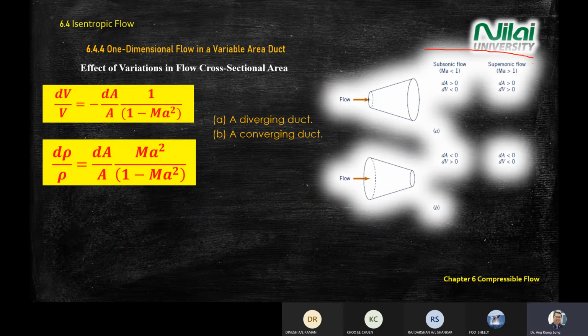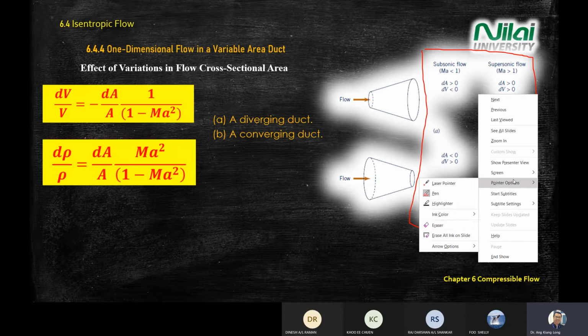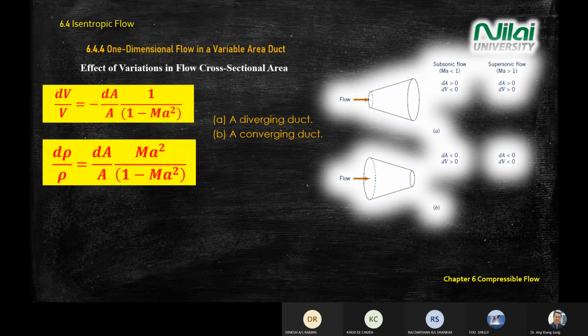And all these you can see from this diagram. What happens if your Mach number is less than 1? It's still explaining the equation just now. Mach number less than 1, area will increase, velocity will drop. And what happens with Mach number more than 1?